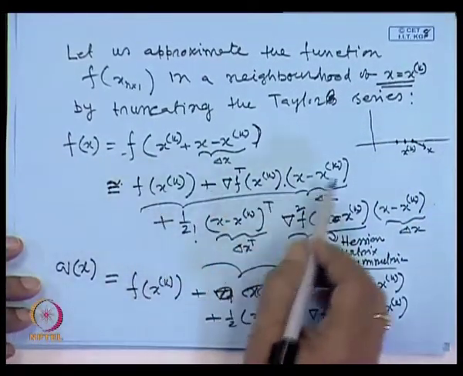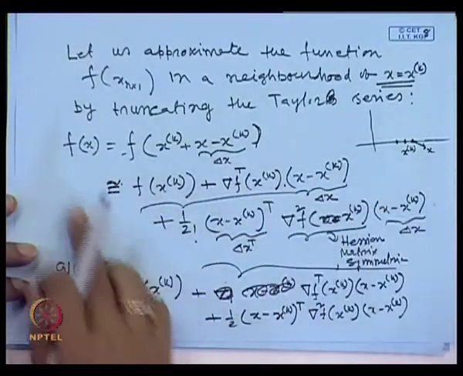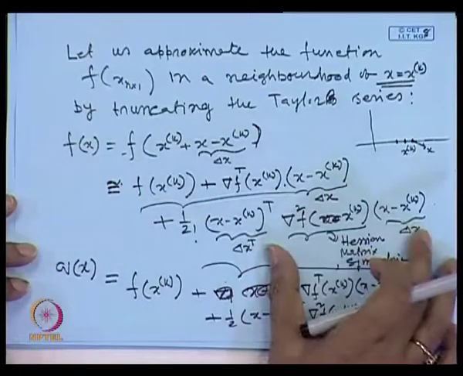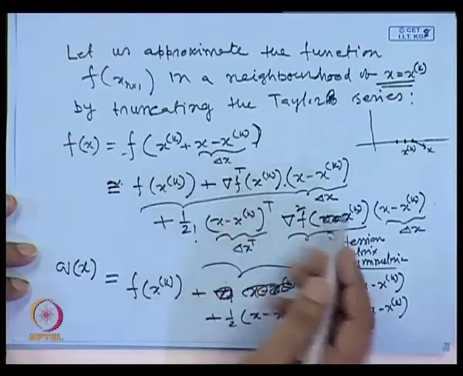If you look at this expression, f of x is nearly equal to those three terms we have considered, which is nothing but a quadratic form of a polynomial.